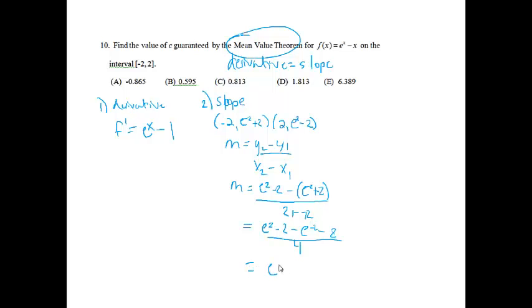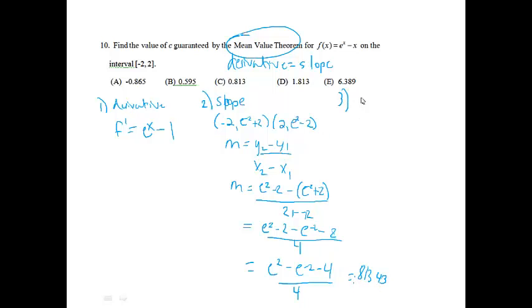And then if I combine like terms, I'll get e to the 2 minus e to the -2 minus 4 all over 4. And then from here, I got that as a decimal, and that turned out to be 0.81343. So that was the slope.